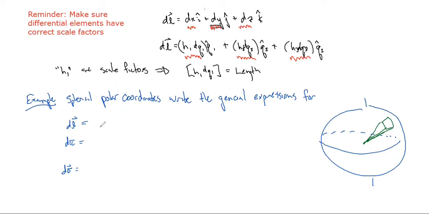So what's the most general line element you can write down in spherical polar? And we'll call this r theta phi. It would be dr in the r direction plus r d phi hat plus r sine phi d theta theta hat.